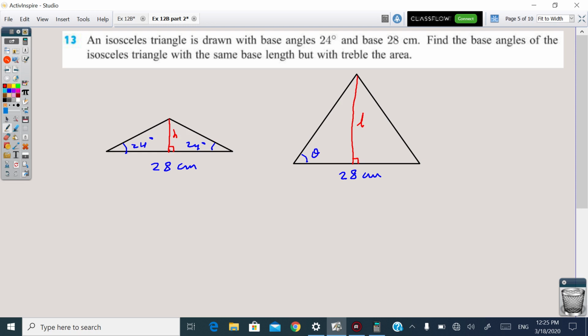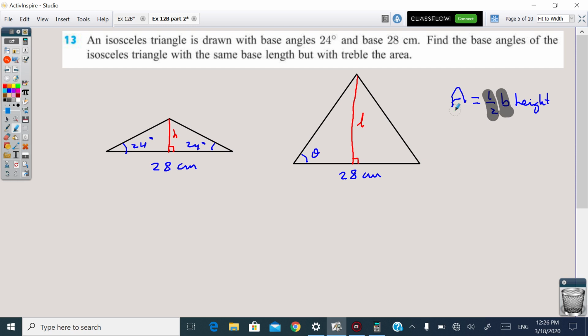Since the base is the same, we have the rule for the area of the triangle. The area equals half the base times the height. Now, the base is the same in both triangles. The half is the same in both triangles.